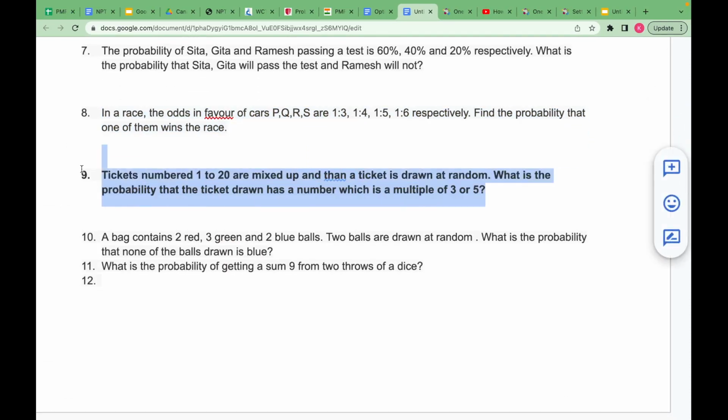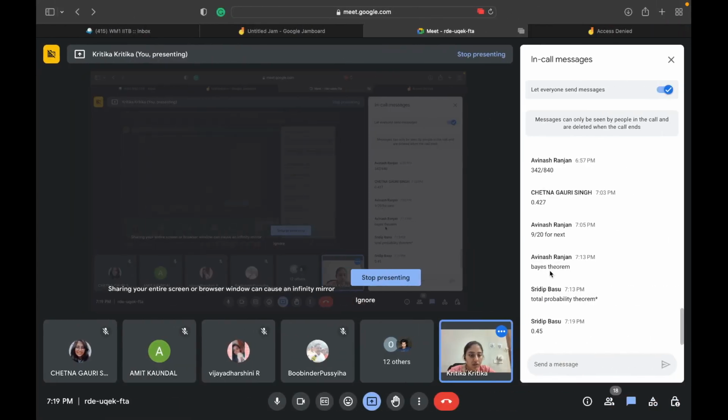So now try to solve this question. Oh, this is Bayes theorem, right.